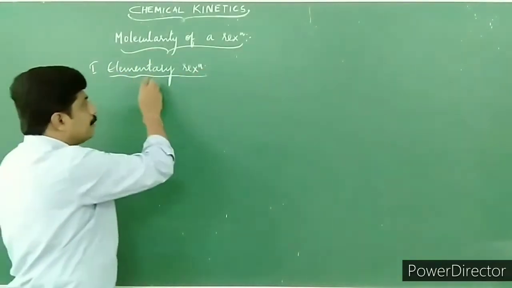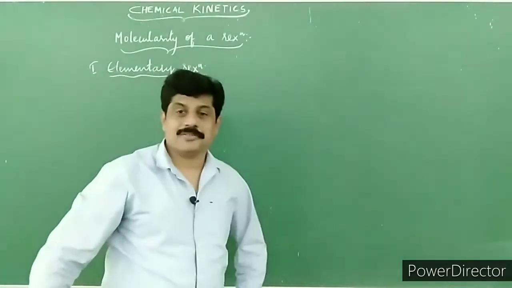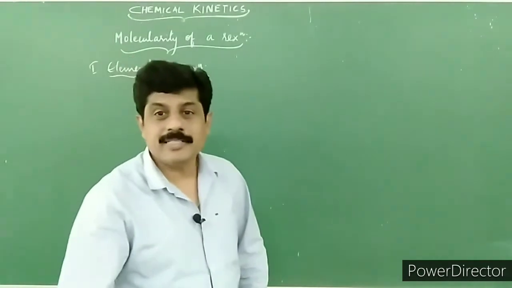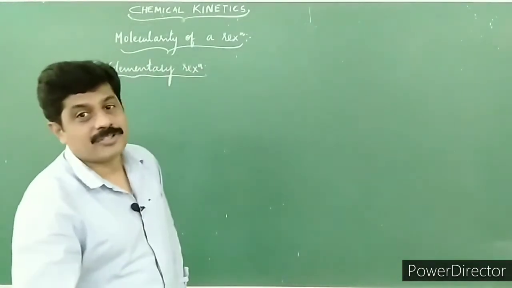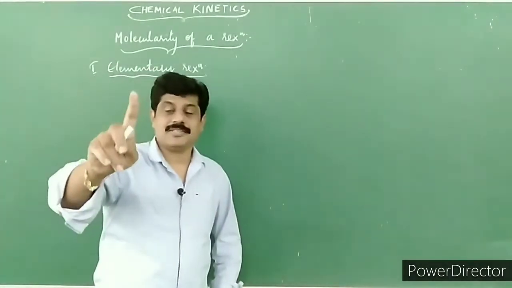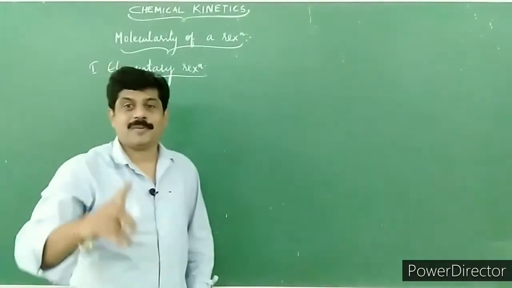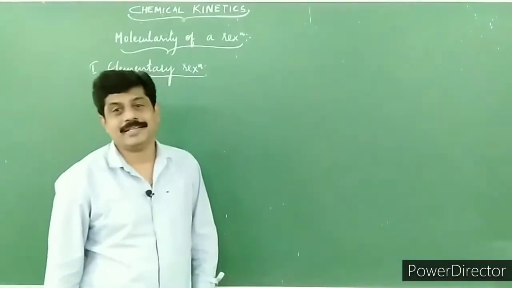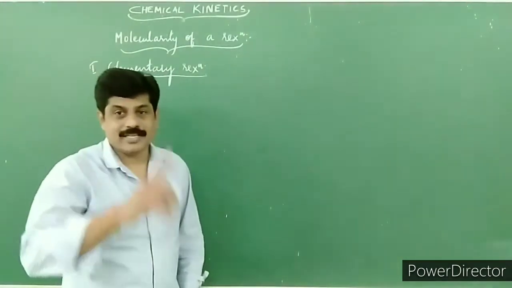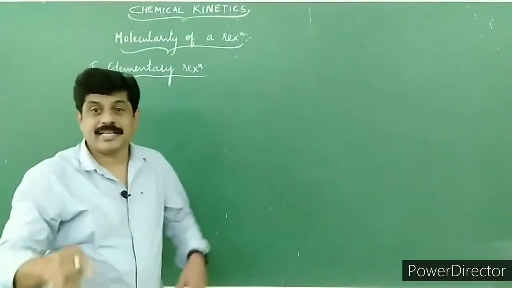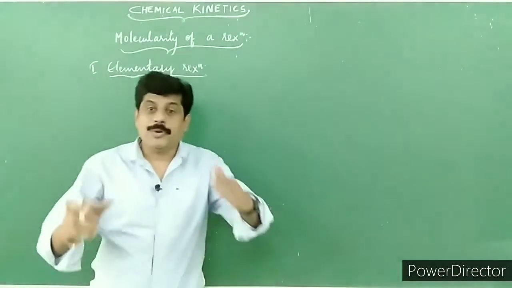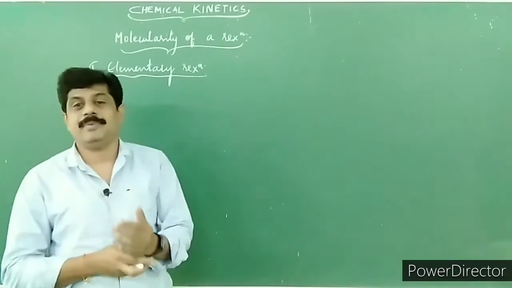So before going for the molecularity of an elementary reaction, children, we should know what is meant by elementary reaction. Remember, elementary reactions are those reactions which occur in one step without the formation of an intermediate during the chemical reaction. I repeat again, elementary reactions are all those reactions which take place in one step without the formation of an intermediate.